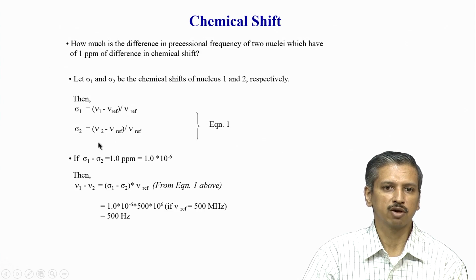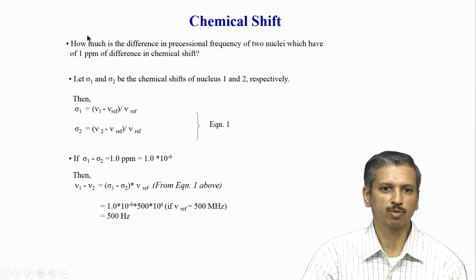Now if I subtract the two, the difference I am considering is 1 ppm, which is what was shown here. 1 ppm means 1 into 10 to the power minus 6. So, if I subtract sigma 1 minus sigma 2, then looking at this equation, what will I get?